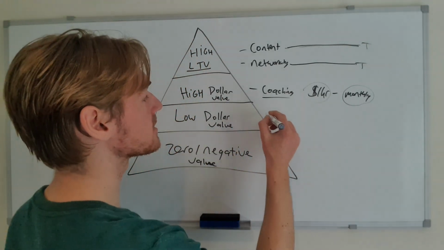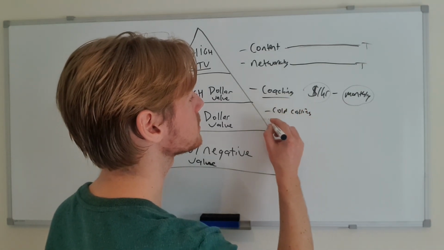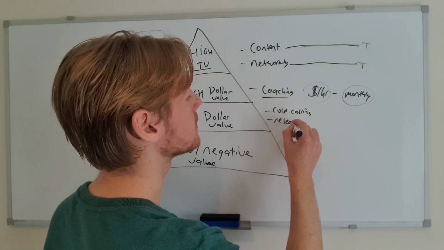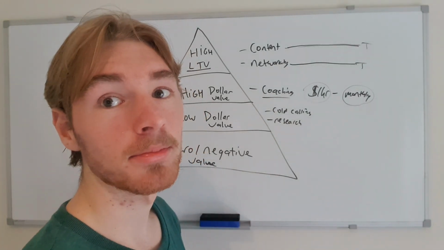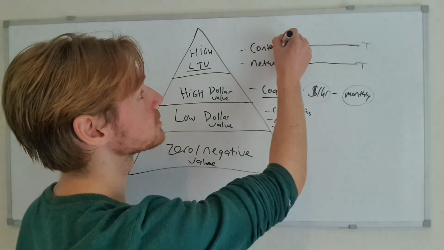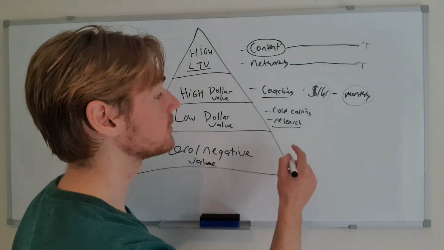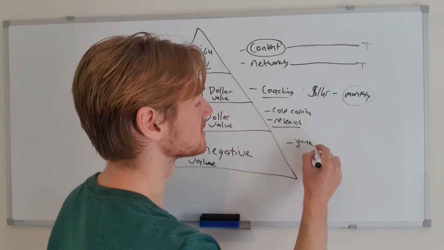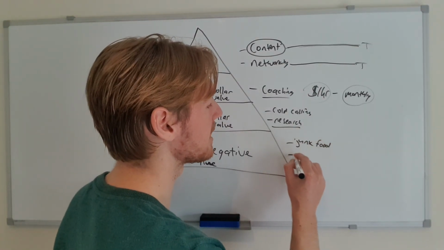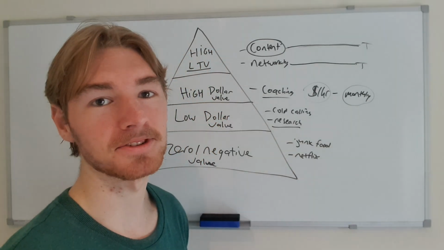Low dollar value will be something like cold calling, which I just mentioned, or something like doing research for content, because research doesn't always end up profiting you a lot directly. It might indirectly because it contributes to content, but it's not the same. And zero to negative value, obviously, like eating junk food, watching Netflix, hanging out with bad people, and all types of other stuff, which I probably won't have to tell you.